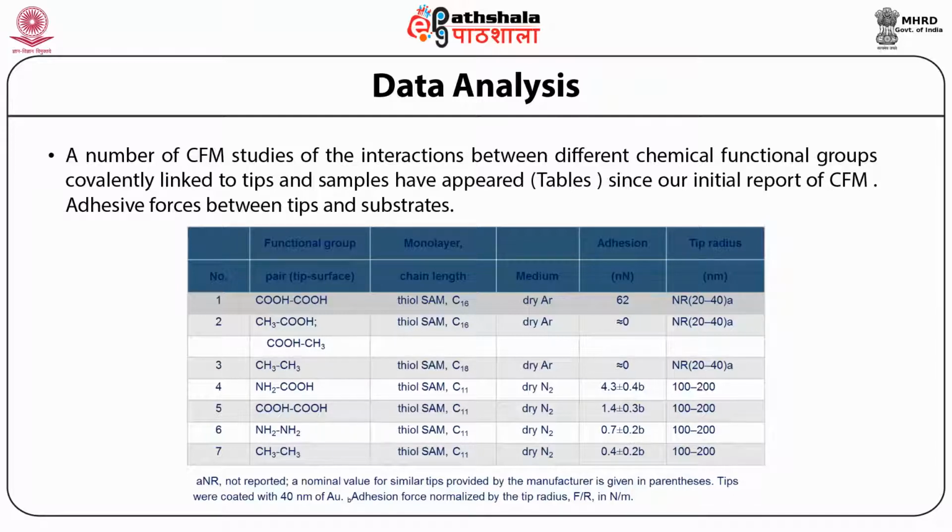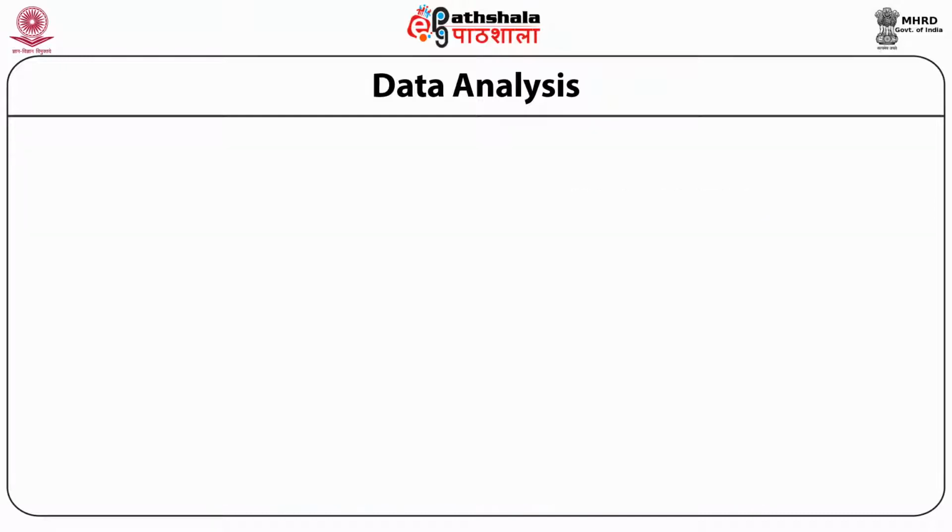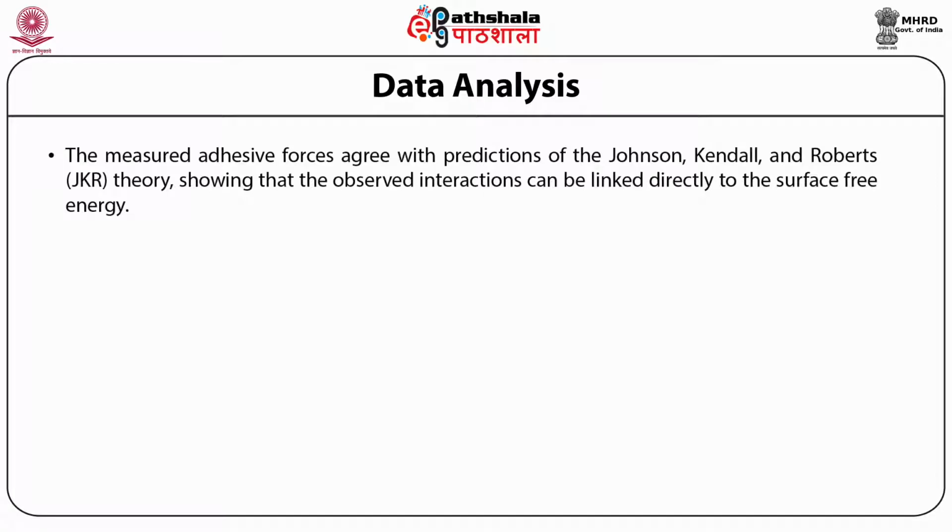Tips were coated with 40 nanometers of gold, and adhesion forces normalized by the tip radius, F by R, have been given in terms of N per m. The measured adhesive forces agree with predictions of the Johnson, Kendall, and Roberts theory, in brief called JKR theory, showing that the observed interactions can be linked directly to the surface free energy.